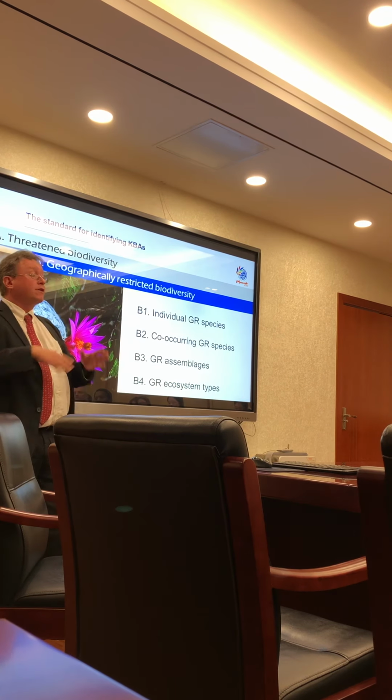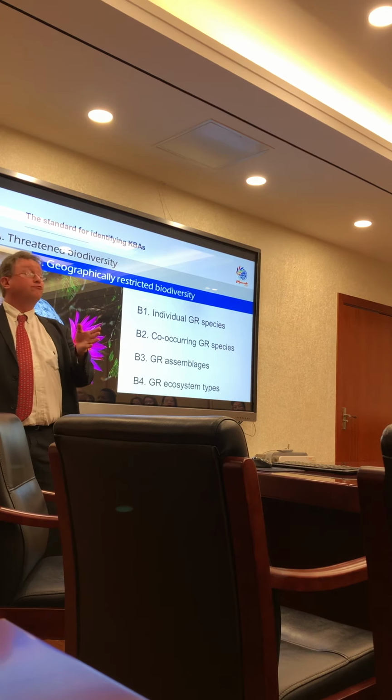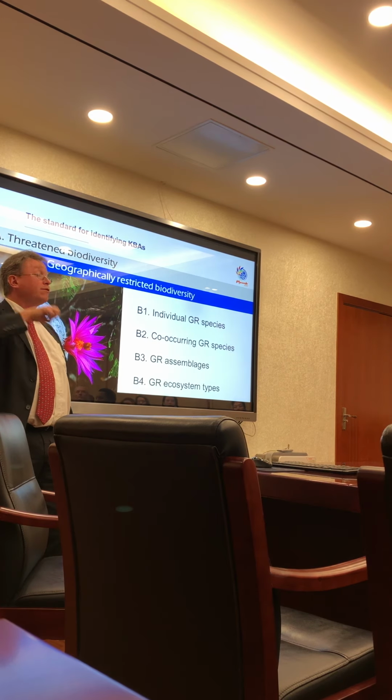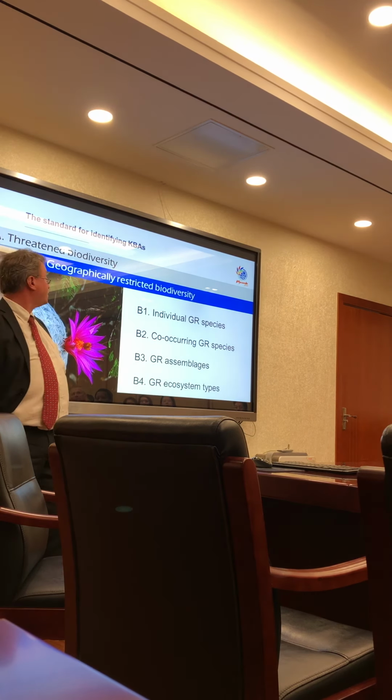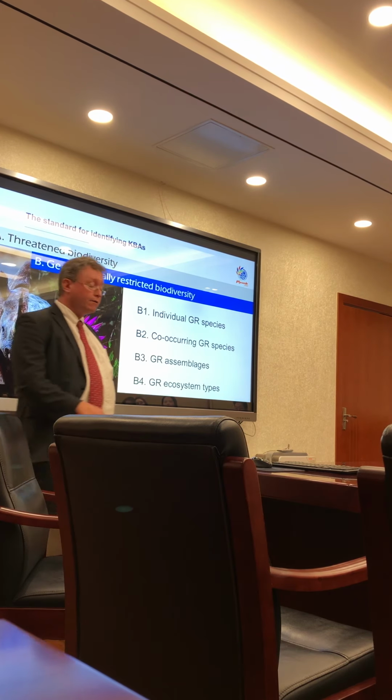It reflects that many elements of nature have very restricted ranges. Very many species, very many ecosystems and assemblages are found in very restricted places. And so information about that geographic restriction, with quantitative thresholds associated with it, is fundamental to the Key Biodiversity Area Standard.